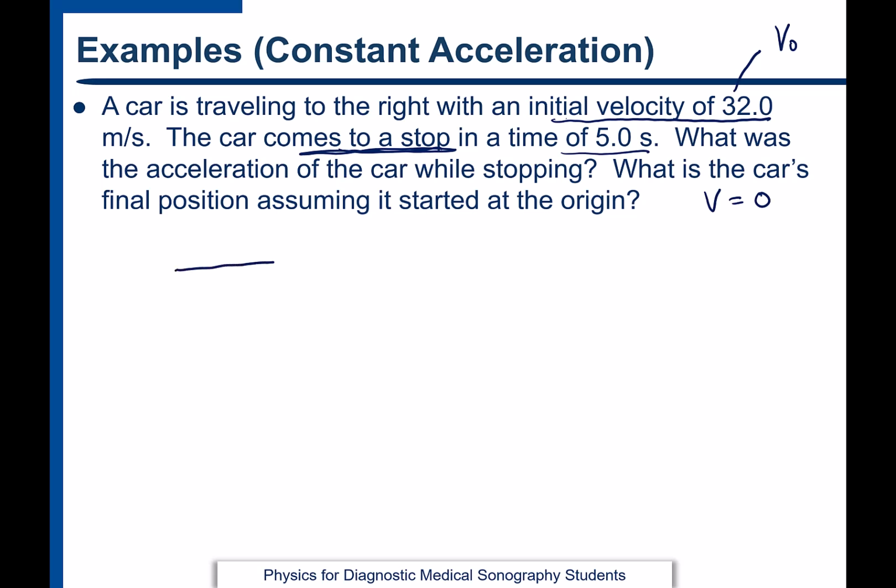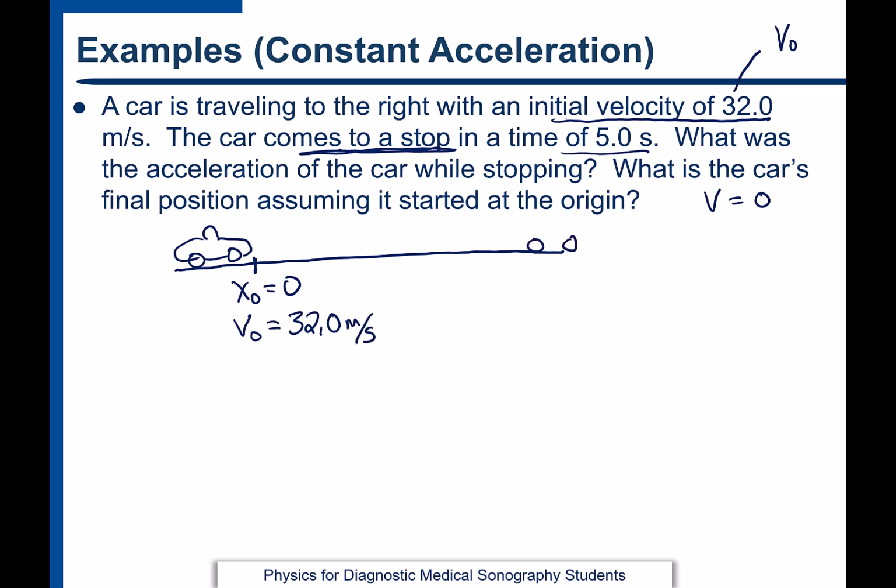We always want to draw a diagram so that we can keep track of what's going on. So again, my car here is at an initial position of 0. I'm arbitrarily always going to say the starting position is at the origin. We've got the initial velocity, which is 32 meters per second. And then the car comes to a stop over here.